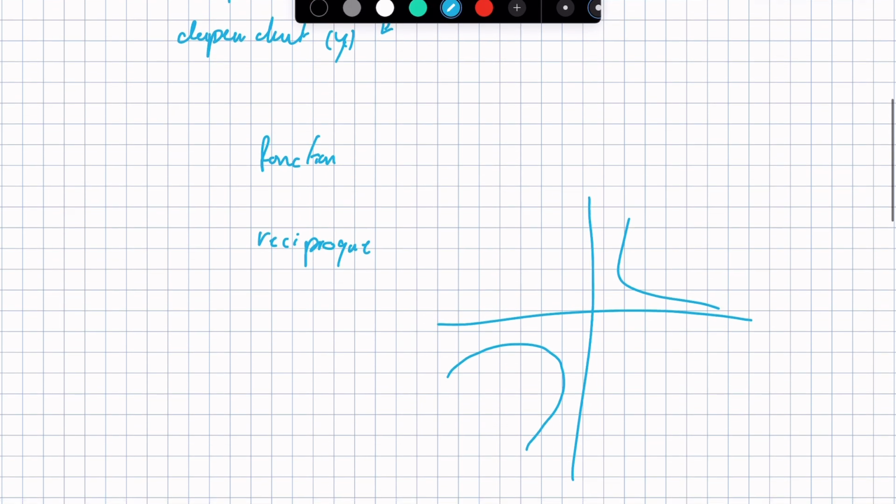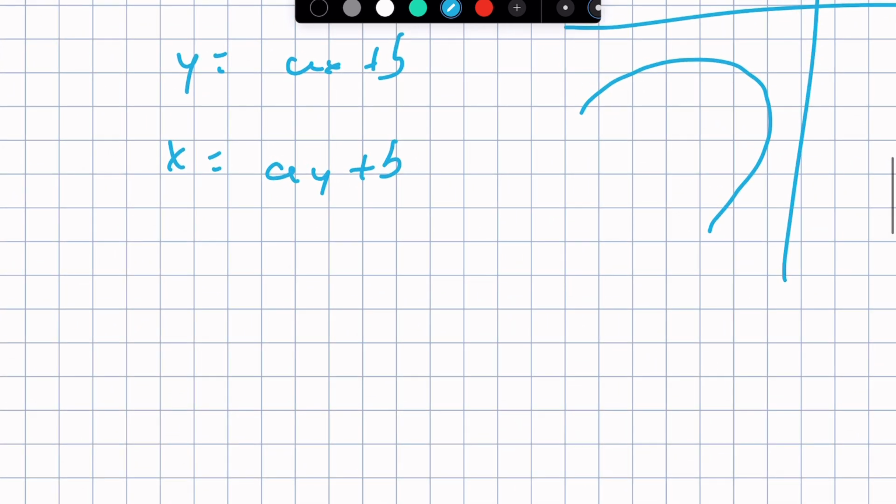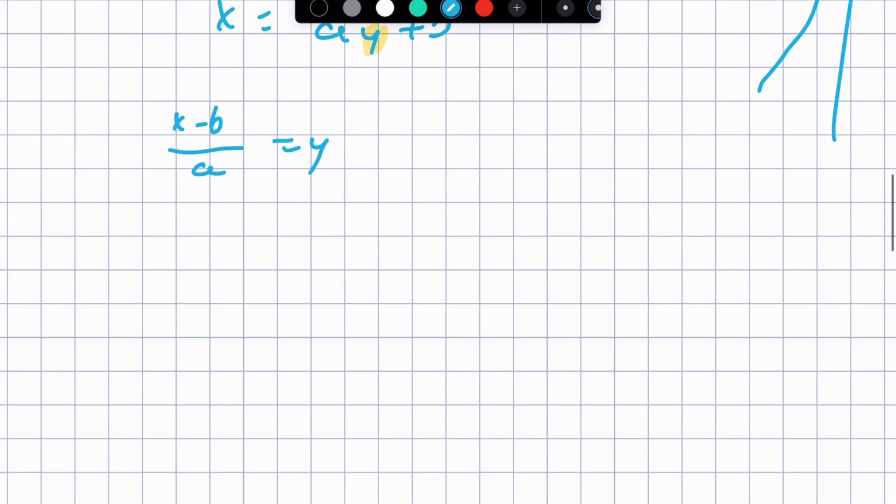So X égale à Y plus B. So you isole the Y and you put the X minus B, and then you do divided by A equals to Y. And then you flip it over. This is rationnel. Ça, c'est la règle de rationnel.